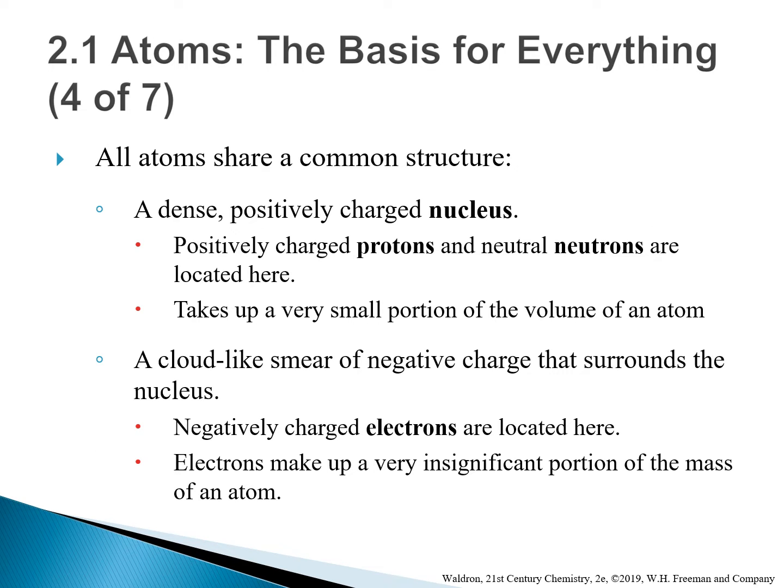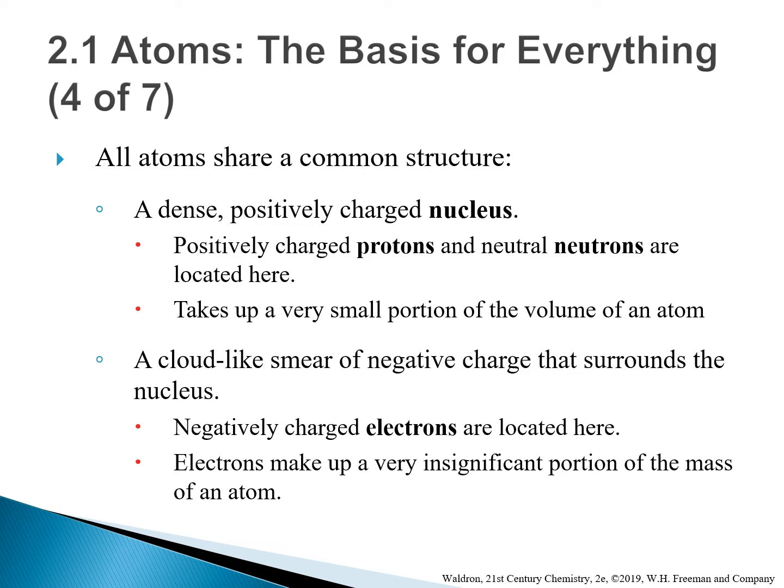All atoms share a common structure: a dense, positively charged nucleus. Inside the nucleus, you will find the positively charged protons and the neutral neutrons. The protons and neutrons all together only take up a small portion of the volume of an atom. The nucleus itself is surrounded by a cloud-like smear of negatively charged electrons.